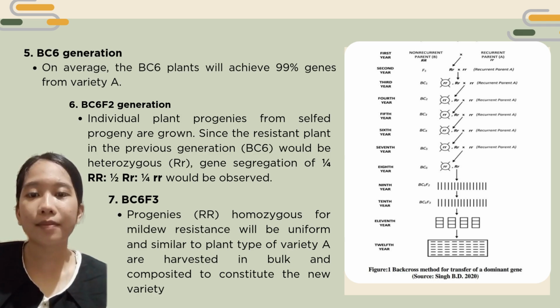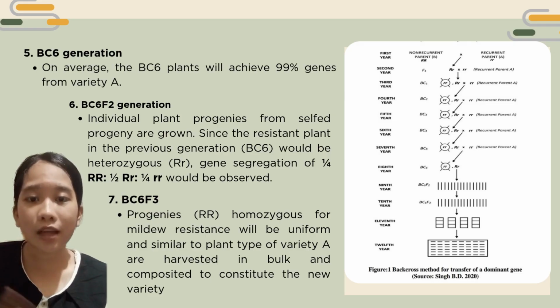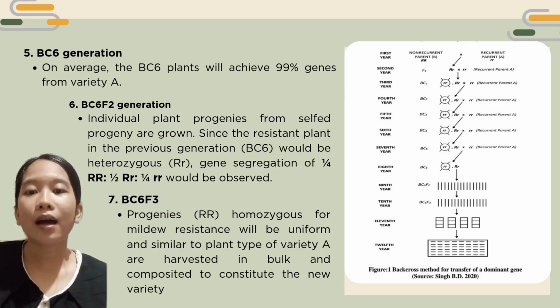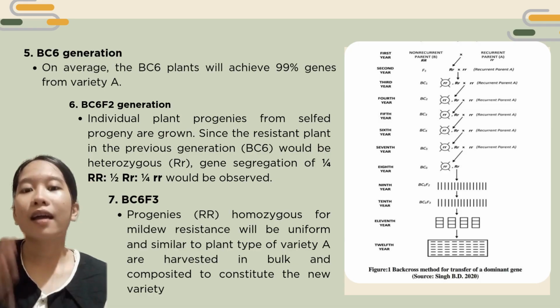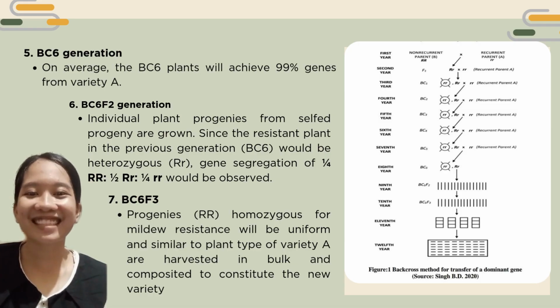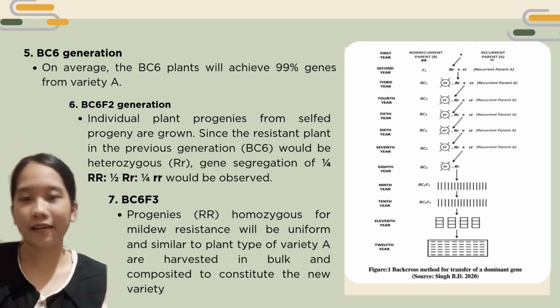Next, in the number 5, the BC6 generation, diri nga stage, ang plants are almost the same ra sa original nga variety or the variety A. About 99% of their genes now come from variety A. Gikan siya sa variety A, but they also have the resistant gene from the donor plant. This means they keep the good traits of variety A and gain resistance sa ana nga sakit.